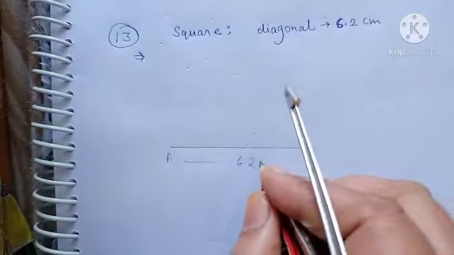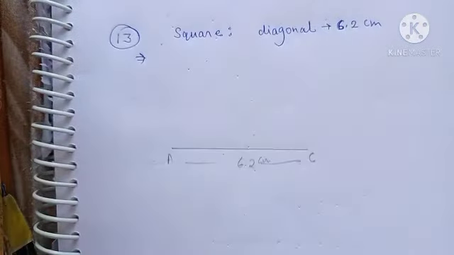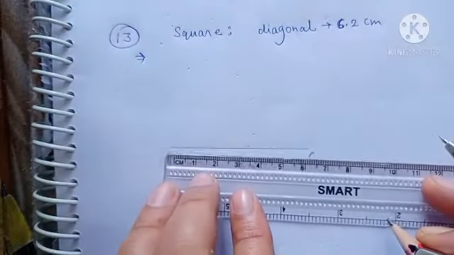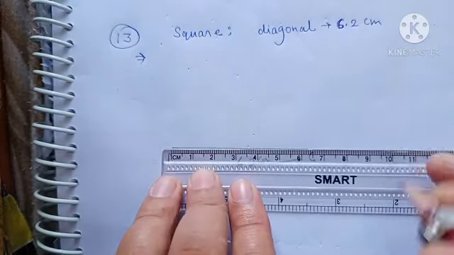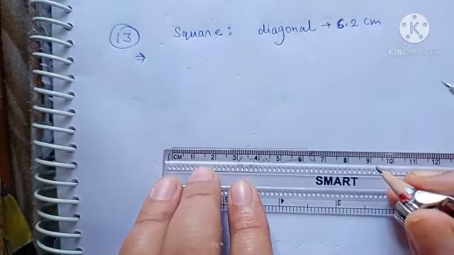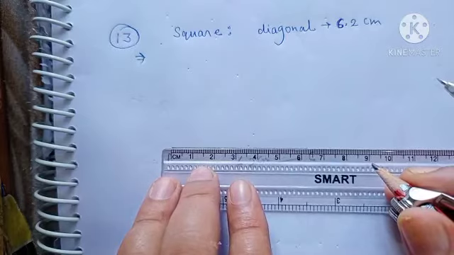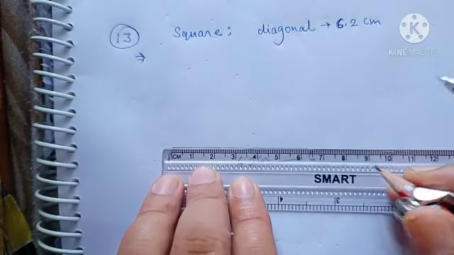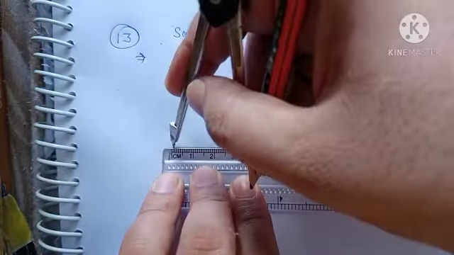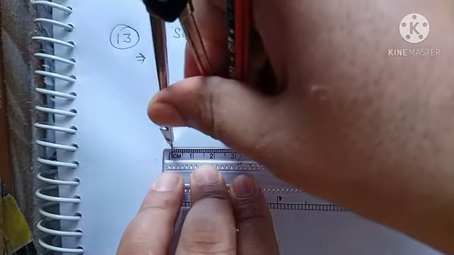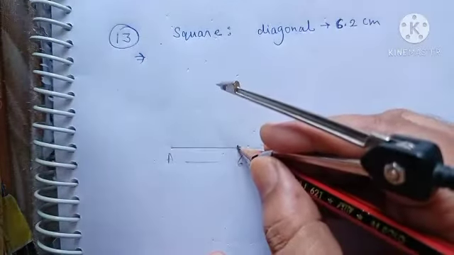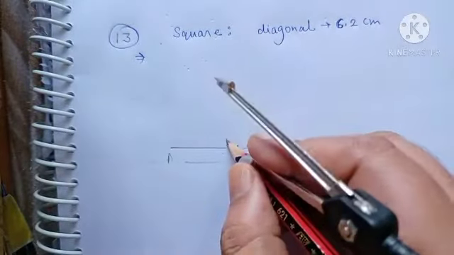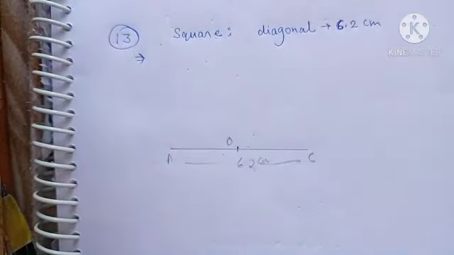It is a diagonal. Now we have to cut off AC at the middle point. It means 3.1 centimeter. This is the midpoint O.